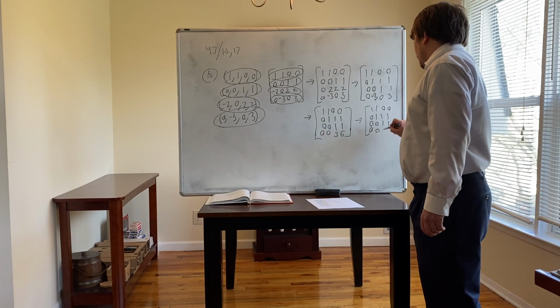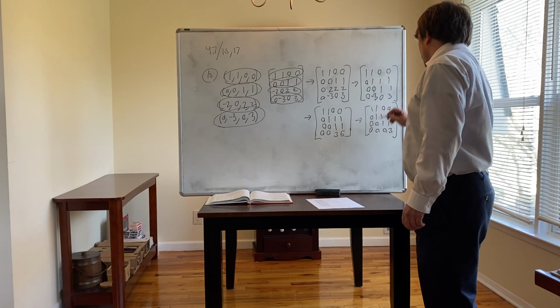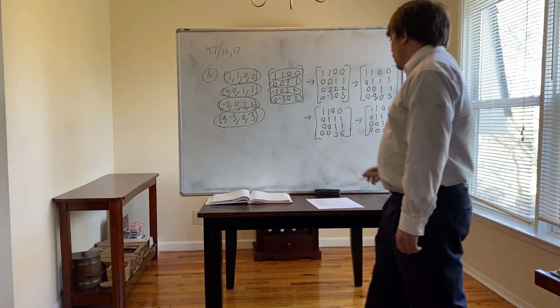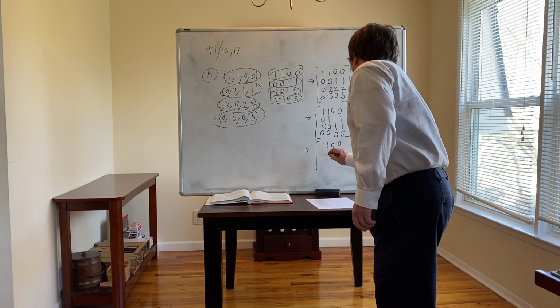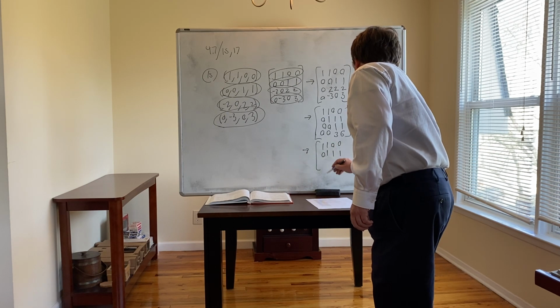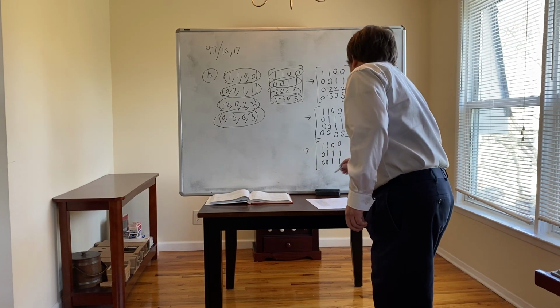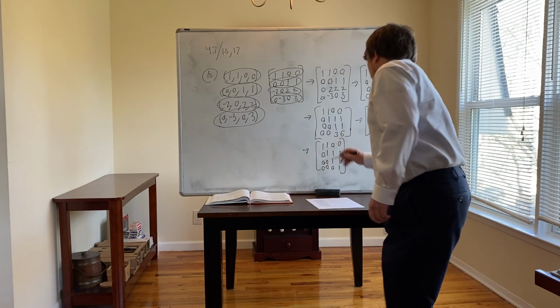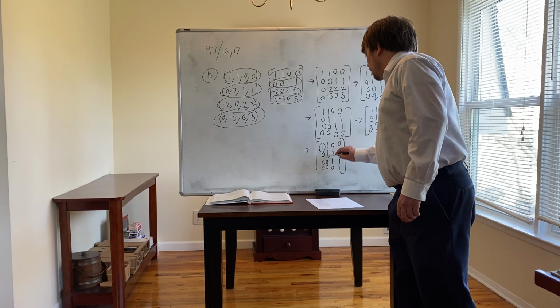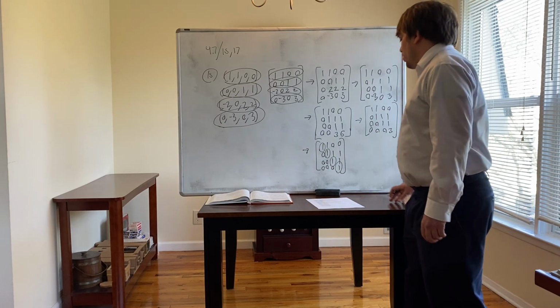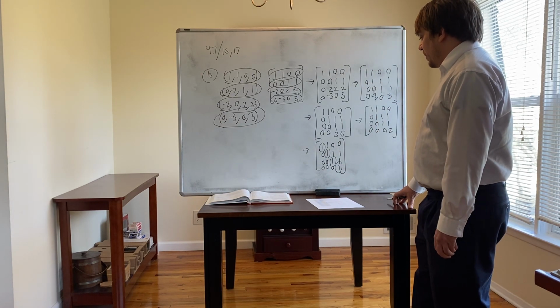I'm going to get 0 here, and I'm going to get a 3 here. And then I'm going to multiply the fourth row by 1/3. And now we have our matrix in row echelon form. And every row of this matrix has a leading 1.